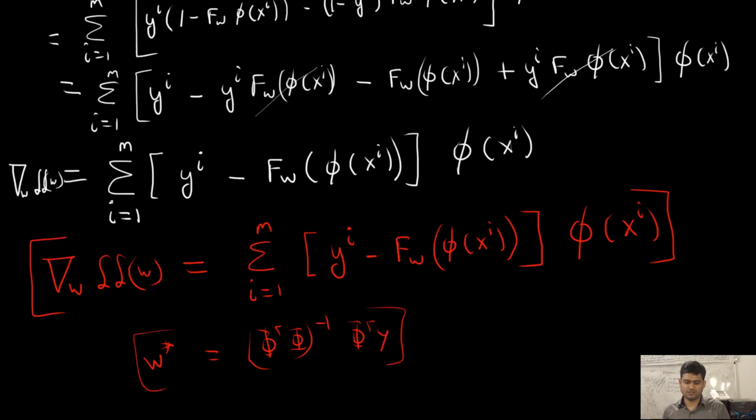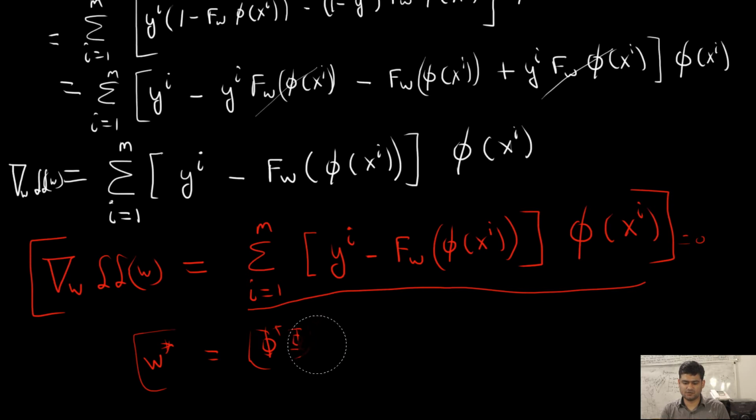But for this particular expression, if we set it to 0 and try to compute a closed form, we will find that we cannot, because this function is not linear in its parameters w. This is a logistic function, which is non-linear in the parameters w. So if we simply set it to 0, we wouldn't have a closed form solution. So this doesn't give any closed form solution.